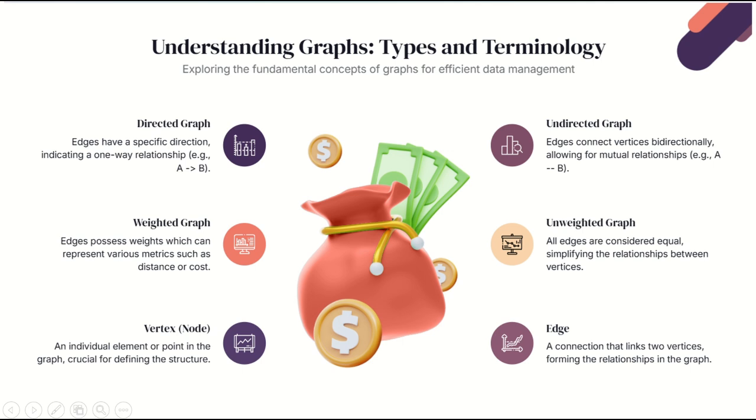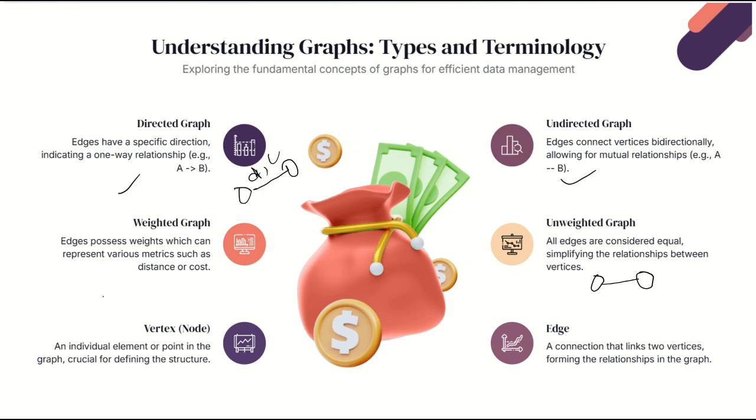Now let's understand the basic terminology of everything that comes under graphs. We already discussed directed and undirected. Weighted and unweighted graphs: if the edges in the graph have a distance or cost specified, it is a weighted graph. If nothing is specified on the edges, meaning no distance or cost, those are called unweighted graphs.